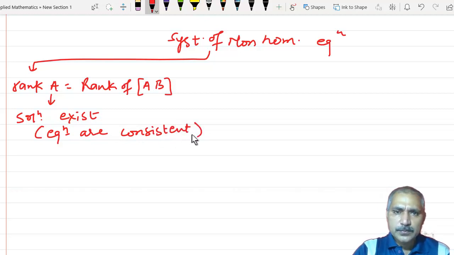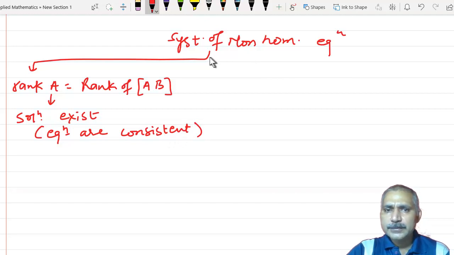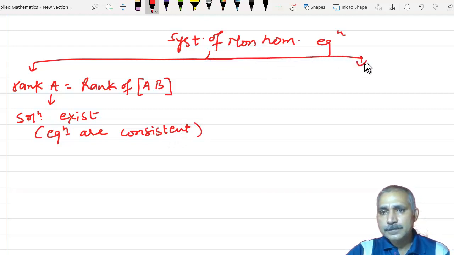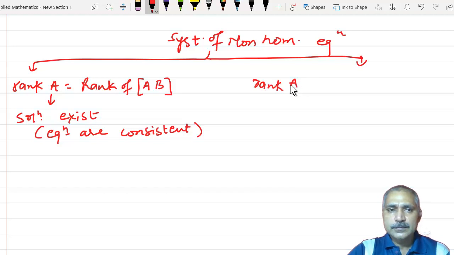Now when it comes to the second part, that is rank of A is less than rank of augmented matrix, that is AB.